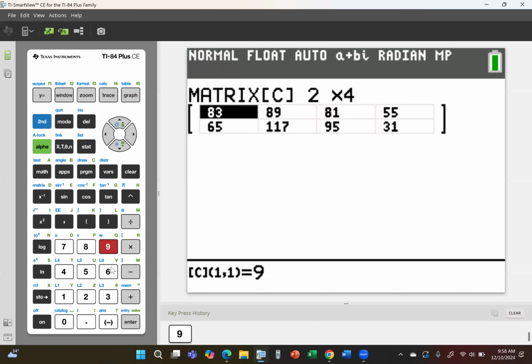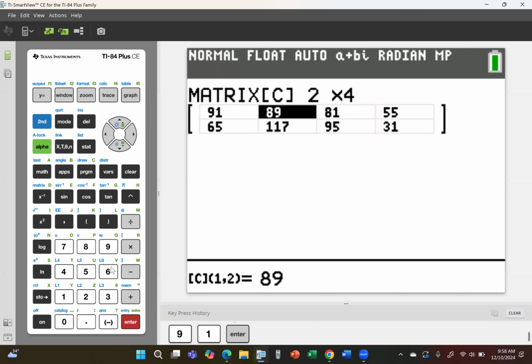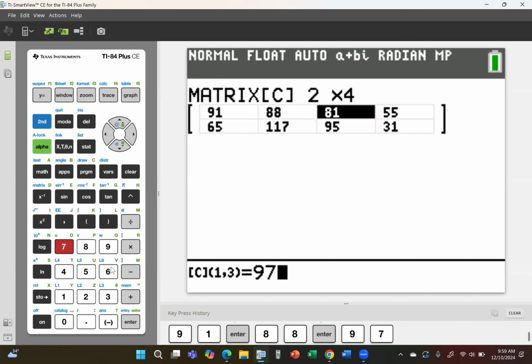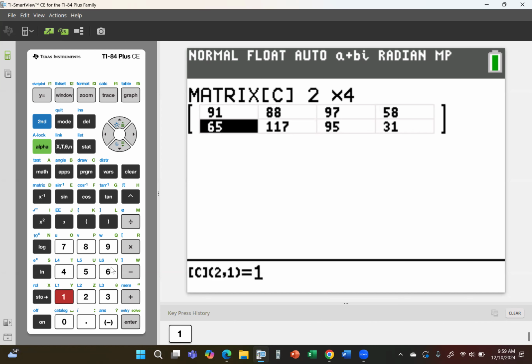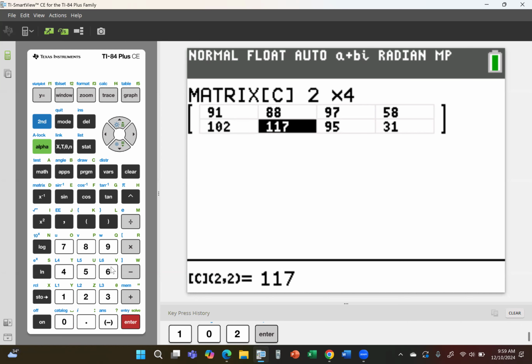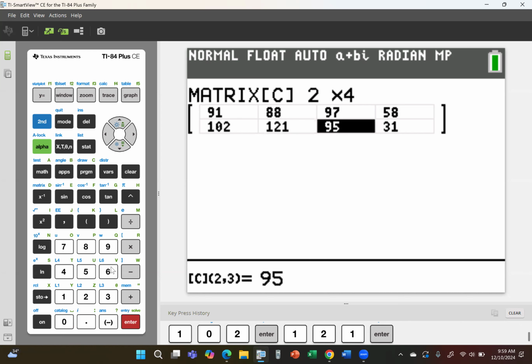Gremlins. So we had 91, is that correct? 88. 97. And 58. And then what did we have? 102. 121. 75.